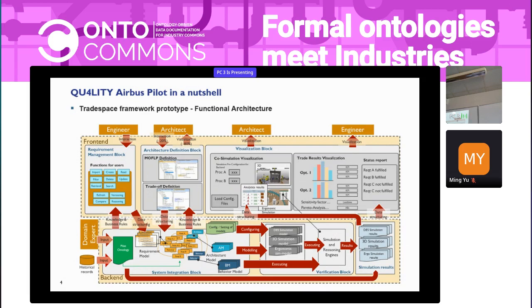We also had a visualization block where we checked the co-simulation between two different types of models, 2D and 3D models, and the trade results that help the engineer in decision making. All of that was supported in the backend with a system integration block in which we used ontology-based engineering solutions.